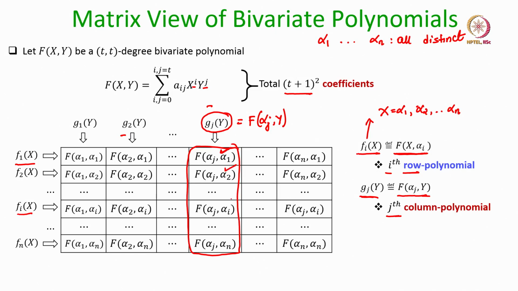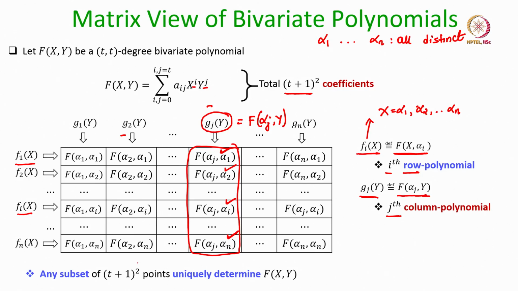If I evaluate at y equal to alpha i, I obtain the ith value along the jth column, and if I evaluate it at y equal to alpha n, then I obtain the nth value along the jth column. Okay. So, this will be an important way of viewing the points on the bivariate polynomials.